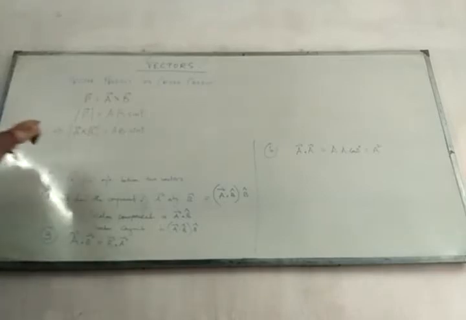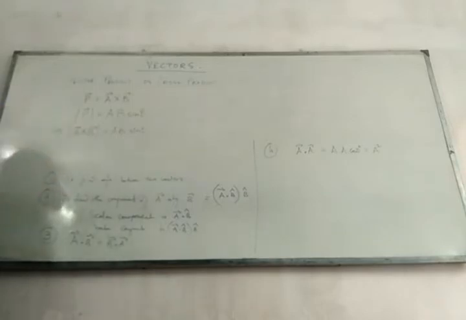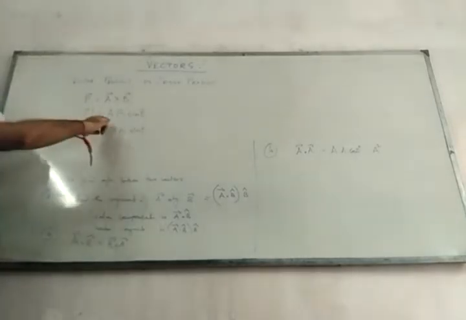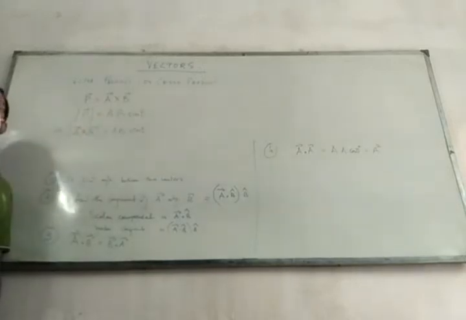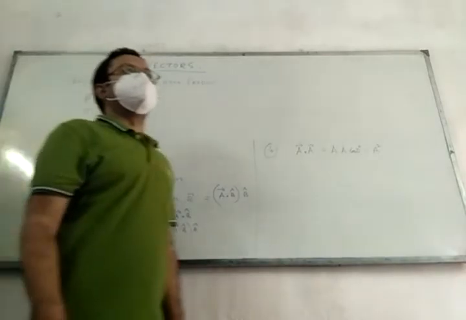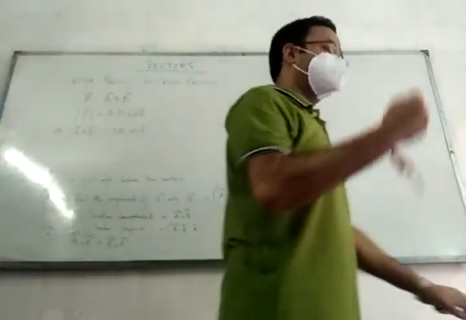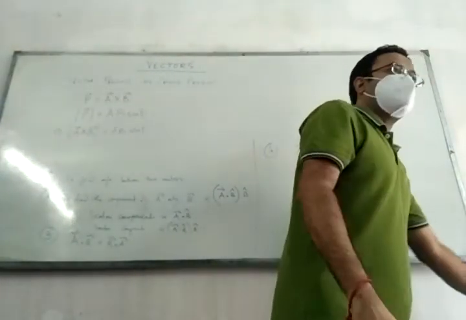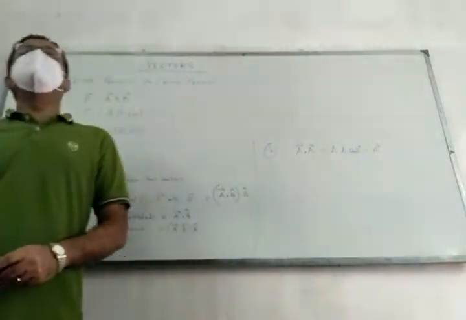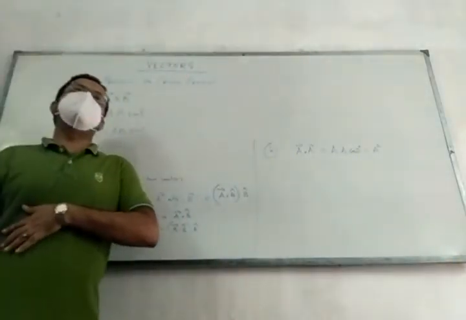The question is, this is not enough. Why not enough? Because P is a vector, so only knowing the magnitude won't be enough. What is the direction of P? It is perpendicular to both the vectors.